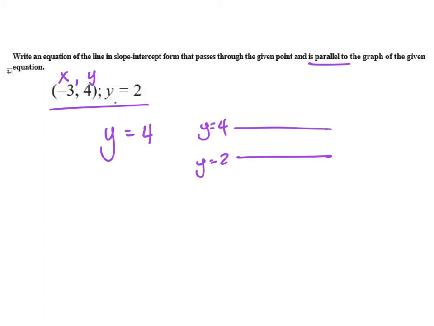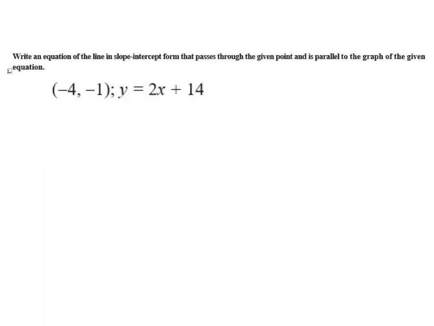These are actually the most simple ones, but you just have to pay attention to whether it's horizontal or vertical and which value you're going to need. In this case, it would be the 4 because it's a y equals equation. All right, I want you to try this one on your own. What is the slope of this equation?